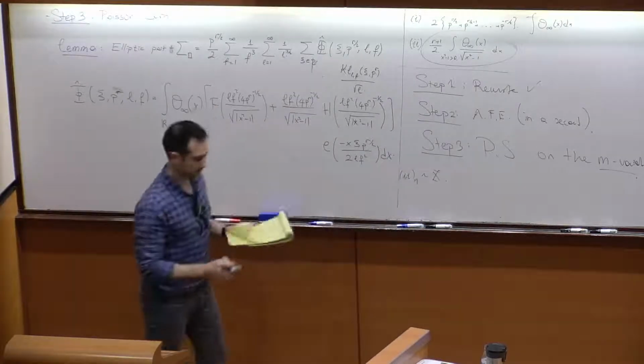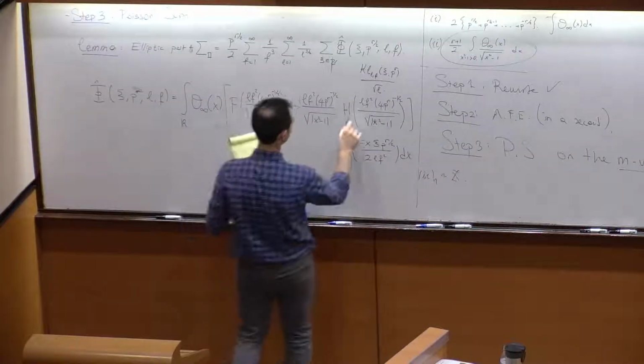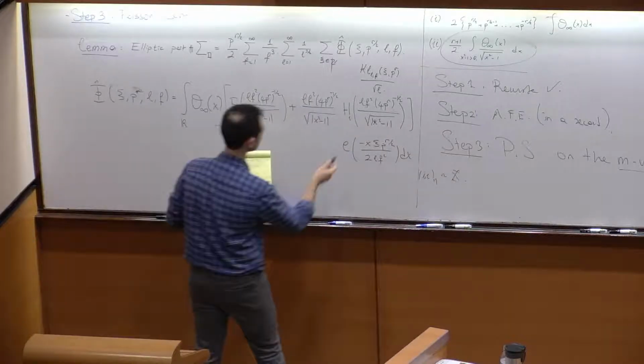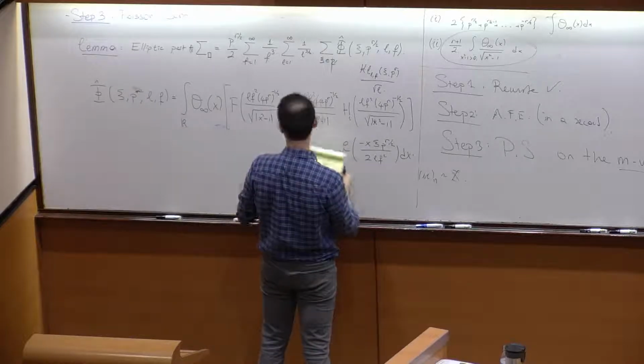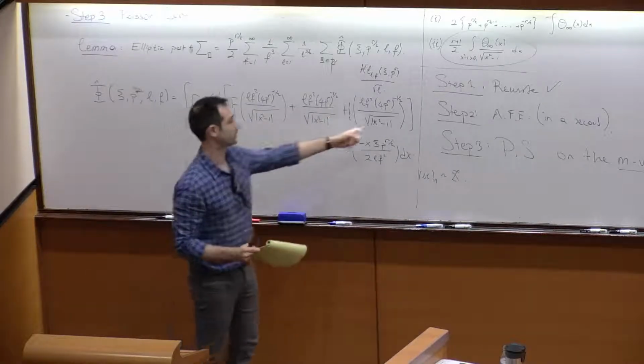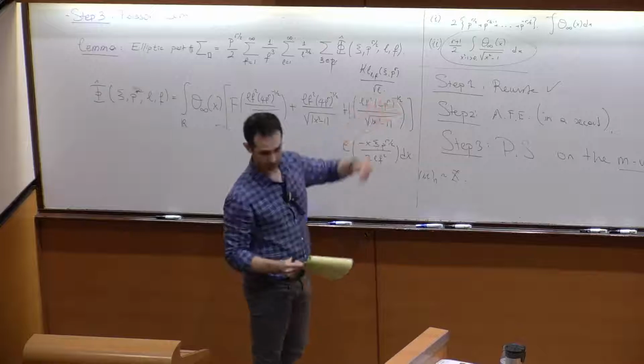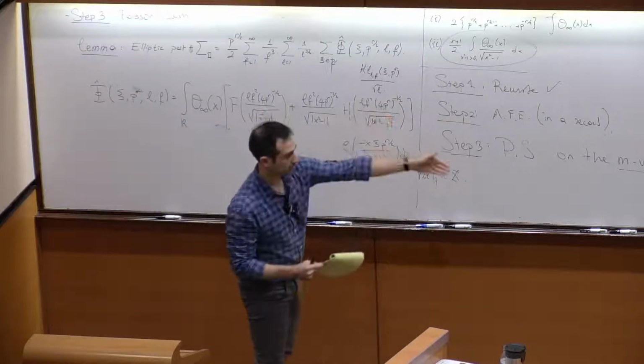The only difference is that there will be an iota here, which will depend on p and where we are summing over. If x squared minus 1 is bigger than 0, then we take iota to be 0.